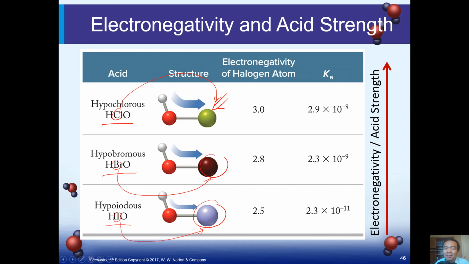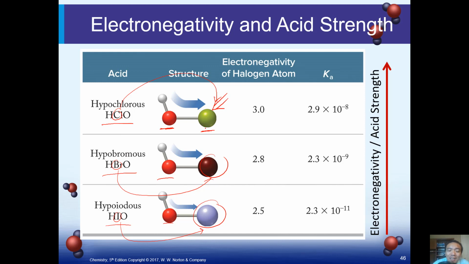The electronegativity of chlorine is greater than that of bromine, and that of bromine is greater than the electronegativity of iodine. So with the same number of oxygen over here, in this case one oxygen, you can have more than one. Then the difference actually resides in the heteroatom, chlorine, bromine, and iodine, because the electronegativity decreases from top to bottom, from chlorine to bromine to iodine.